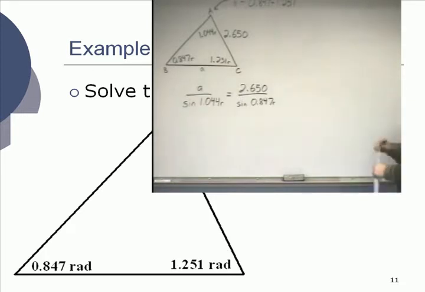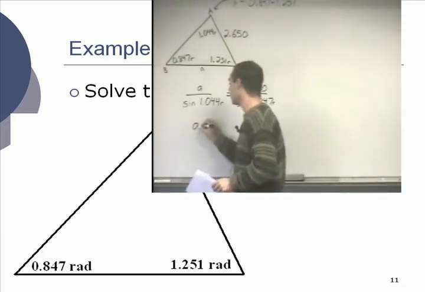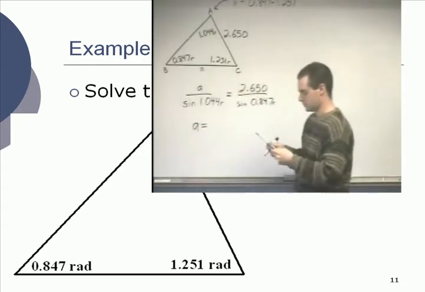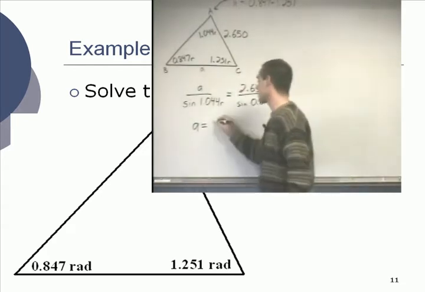All right, well now we can cross multiply. If you do that, you're going to get A equals 3.057.